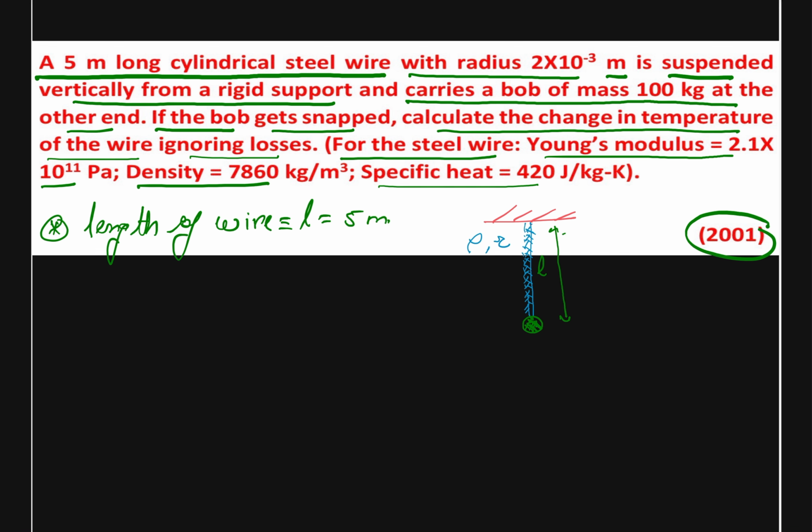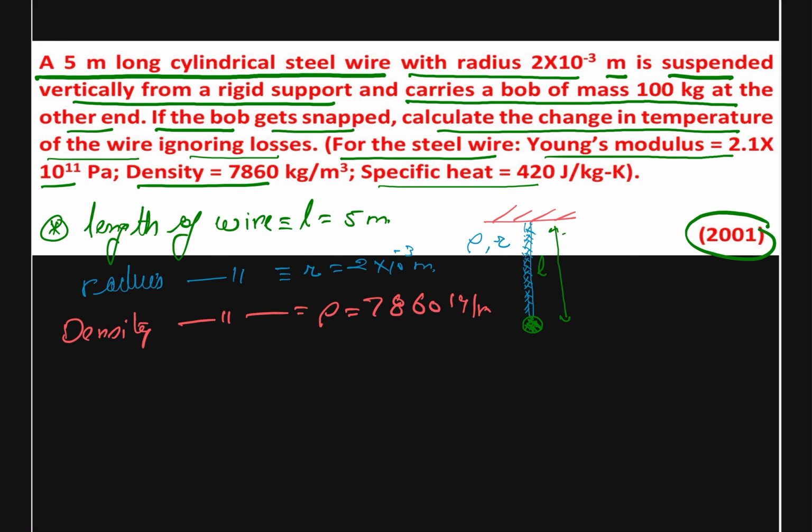We are having radius of the wire, suppose R, which is equal to 2 into 10 to the power minus 3 meters, and we are having density of the wire, rho is equal to 7860 kg per meter cube.